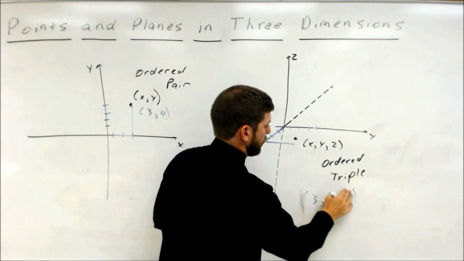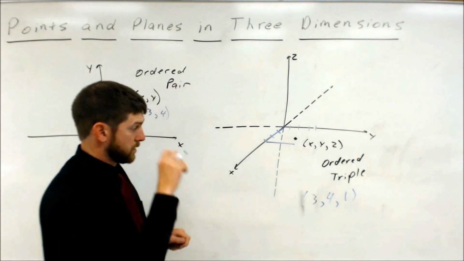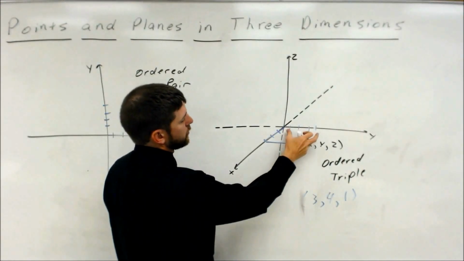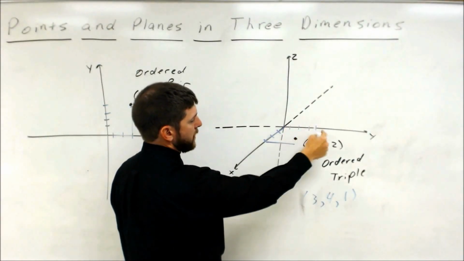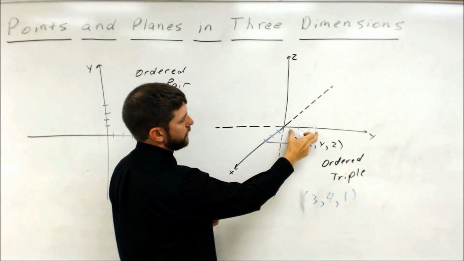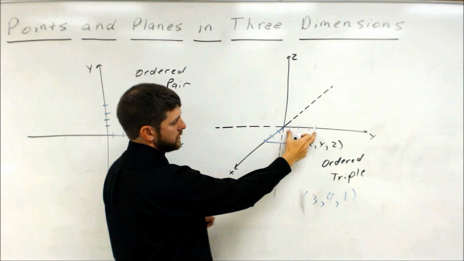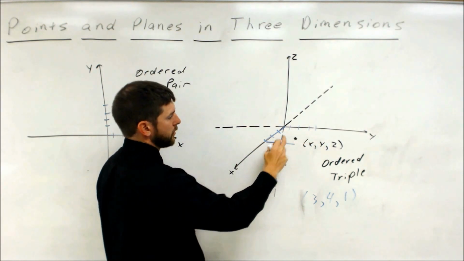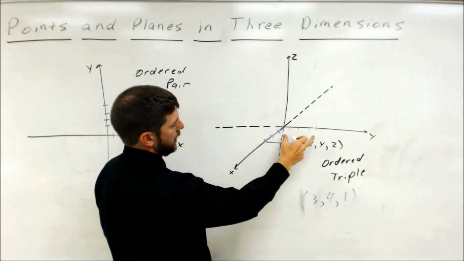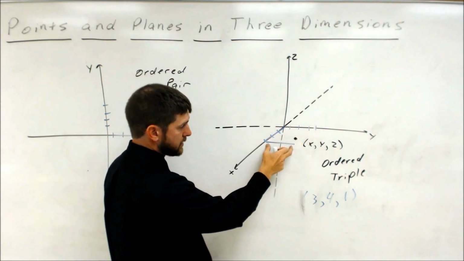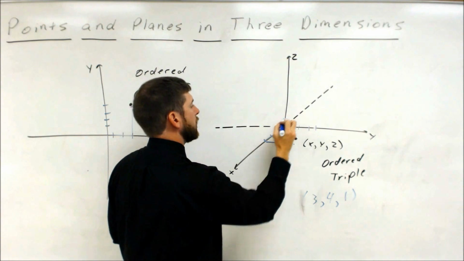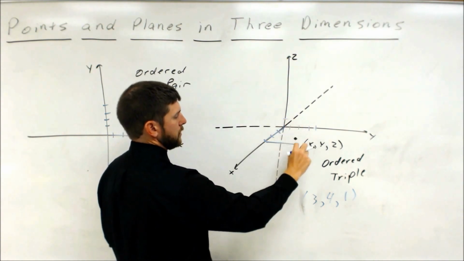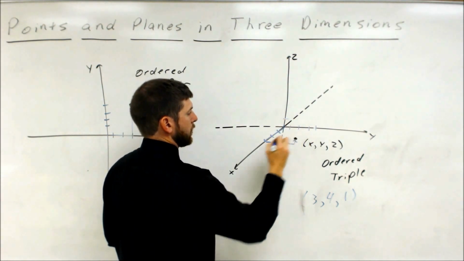And we'll make that 3, 4, 1, just so it's a little consistent. So I'm not going 4 units back from the origin. Figure out what your 4 units is, how long that is, and then go from the x-axis. So I went 3 units on the x, I went 4 units from the x, and now I'm going to go up 1 unit, and that'll put me right there.